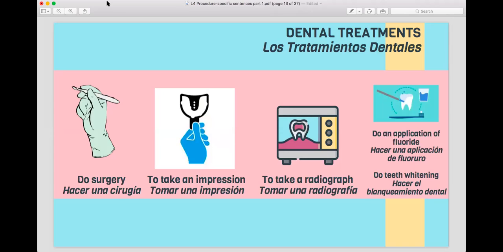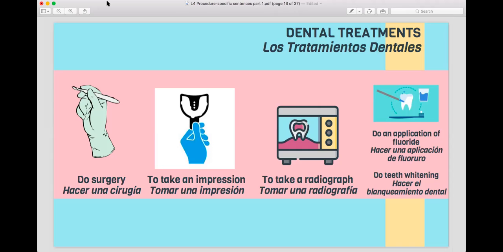Okay, and then we have a few more dental treatments. They are do surgery, hacer una cirugía. So you would say, yo hago una cirugía. To take an impression, tomar una impresión. Yo tomo una impresión. Then to take a radiograph, tomar una radiografía.